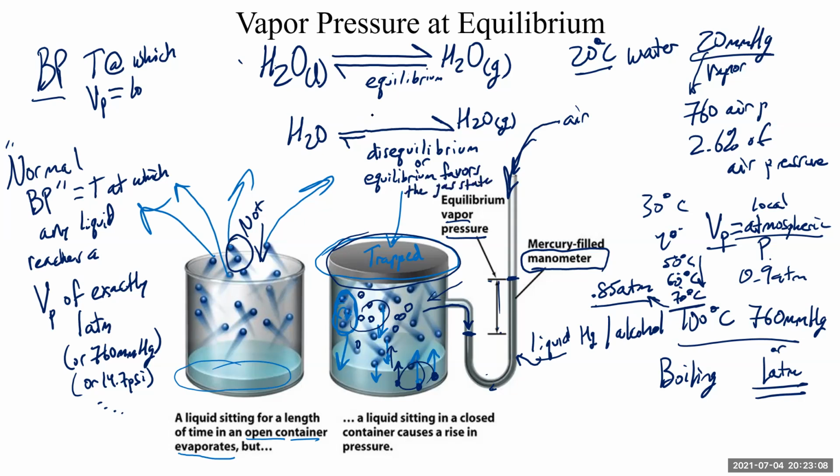For example, at high temperature, equilibrium will produce a lot more gas and a lot less liquid. So an imbalance here can either represent a disequilibrium, or it can represent the relative favoring of equilibrium for one state over the other.